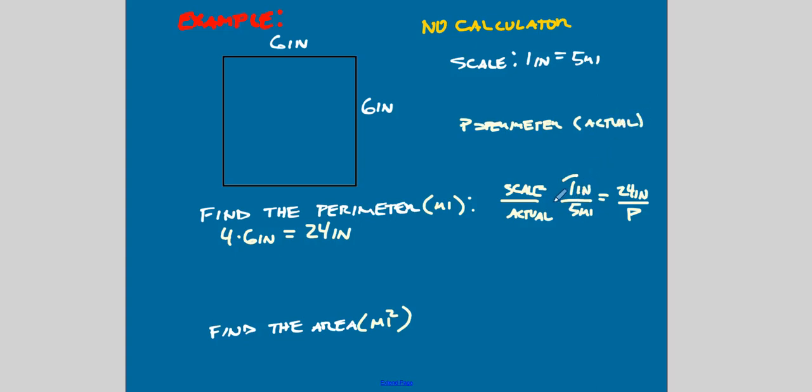So now I have this equation. I'm just going to cross multiply. P times 1 is P equals 5 times 24. So 24 times 5 is 120. And that's going to be miles. Since it's miles down here, it's miles here. So the perimeter is 120 miles, the actual square.